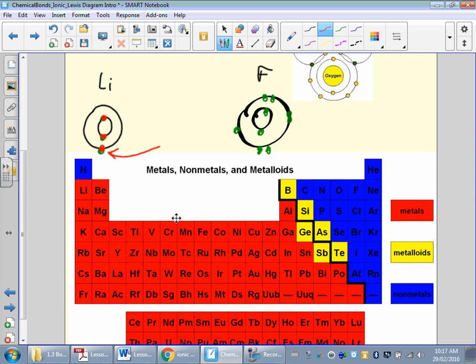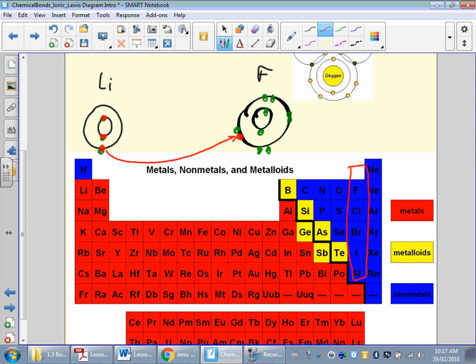So lithium is going to try to offload that electron to an element that is craving an electron, and very good candidates are over on the right-hand side of the table. That is why the alkali metals bond very easily with the halogens, because halogens just need one electron. It's a match made in periodic table heaven. So lithium is going to donate the electron to the fluorine; the electron is going to jump across onto the fluorine.